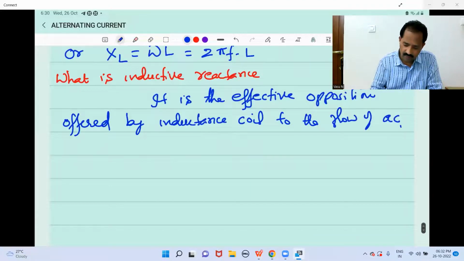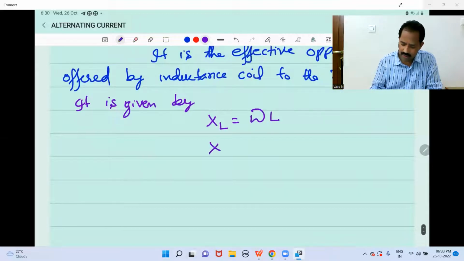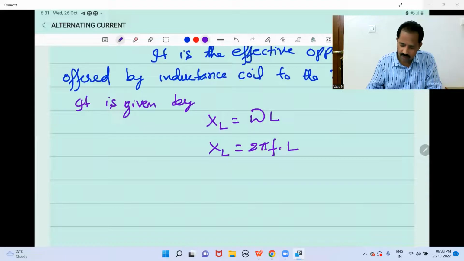I will write the equation. It is given by XL is equal to omega L, or XL, not X into L but X suffix L, is equal to 2 pi F into L. This is a very important equation.